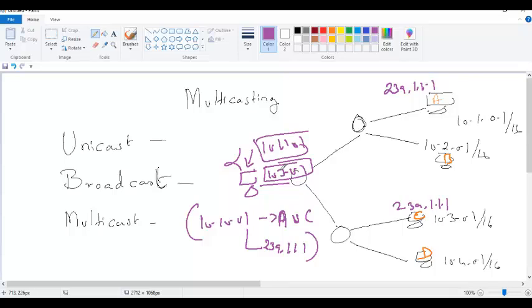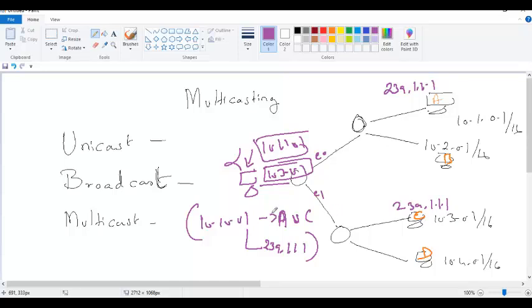Whereas, when you send to a multicast address, the packets are not duplicated, just one packet going from the PC to the router. And the router sees that A is connected to interface E0, C is connected to interface E1.